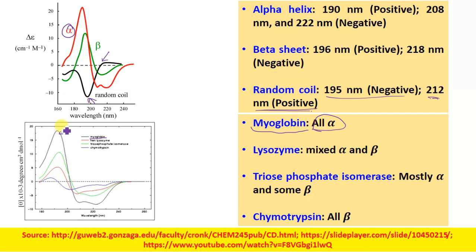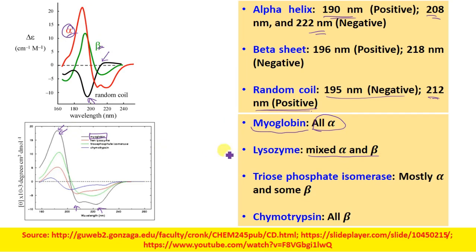So we will be getting these peaks at these said locations, and by just analyzing the nature of this curve, we can say that this myoglobin has an all alpha helix structure.